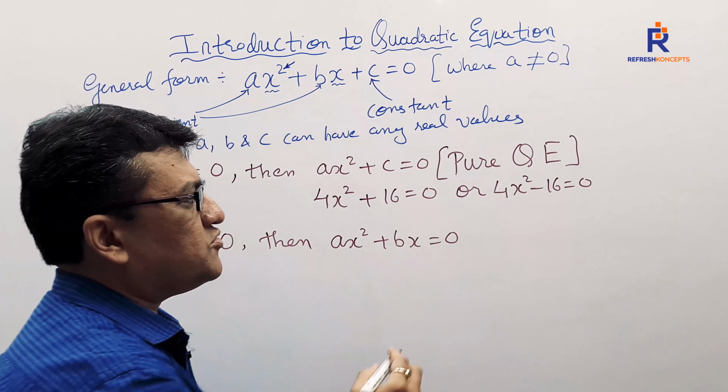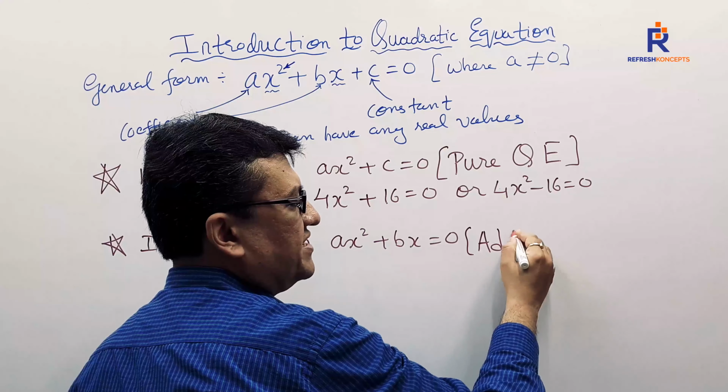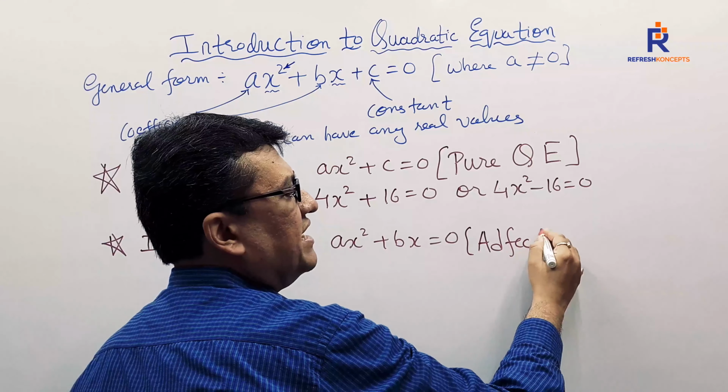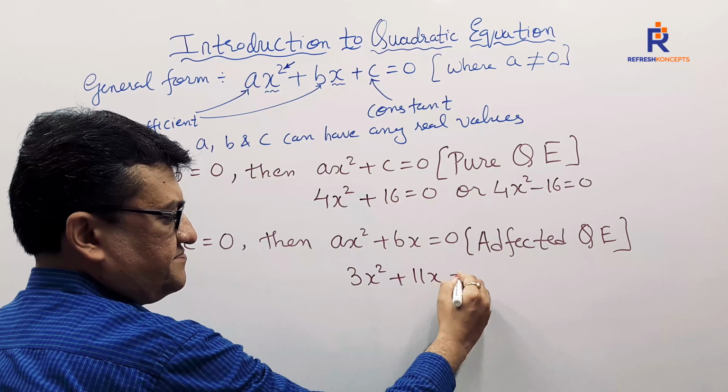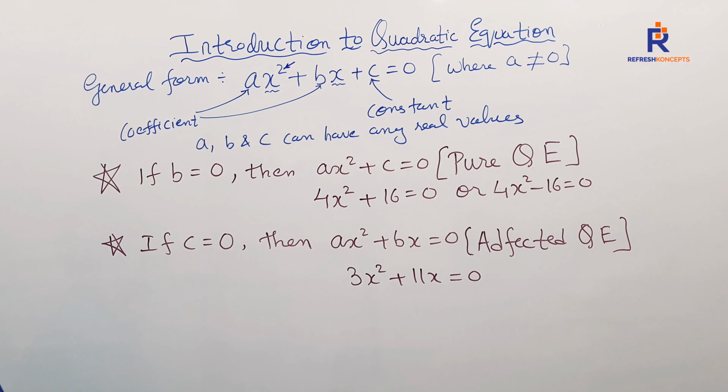Children, this is also a special type of quadratic equation. This is termed as an adfected quadratic equation. Say for example, 3x square plus 11x equals to 0.